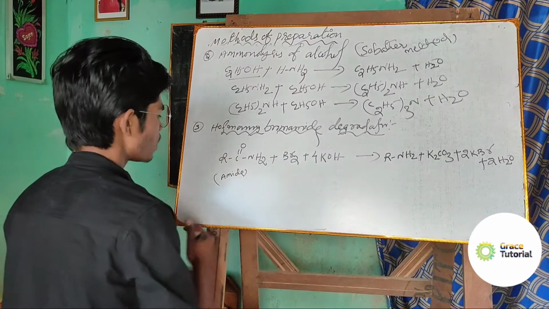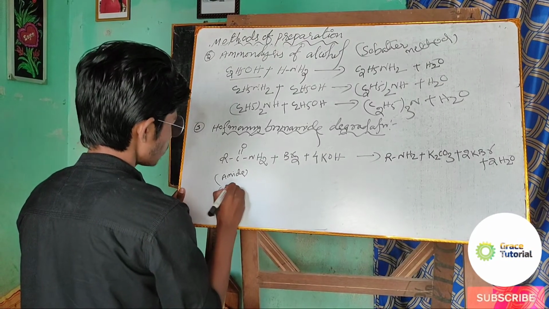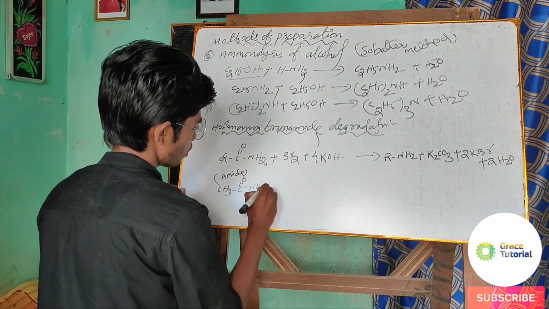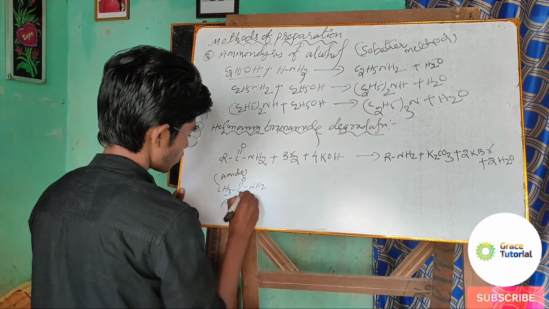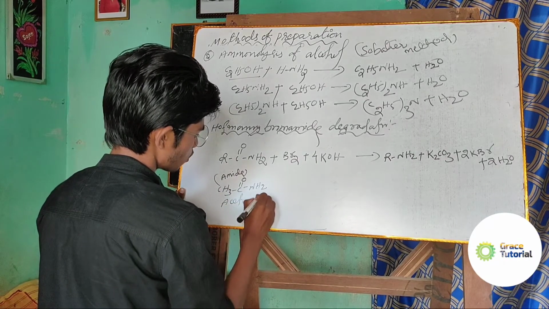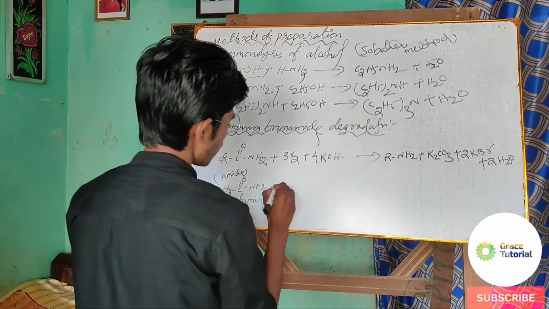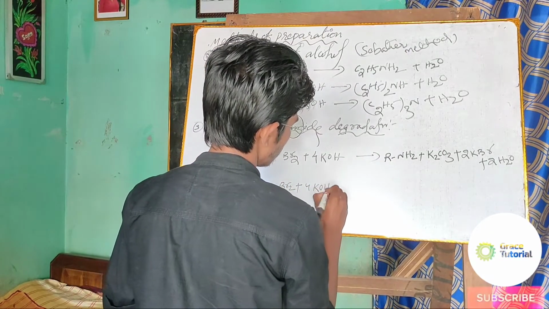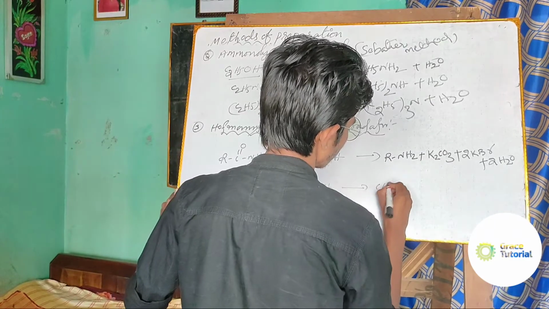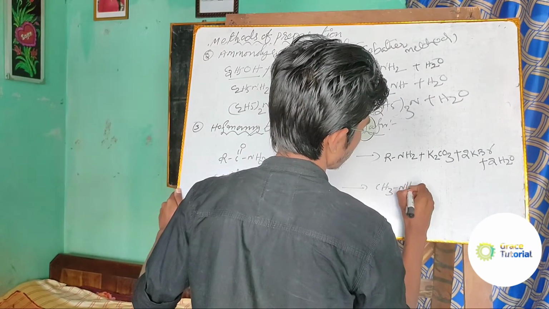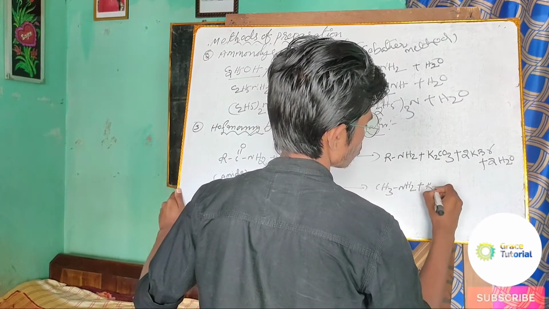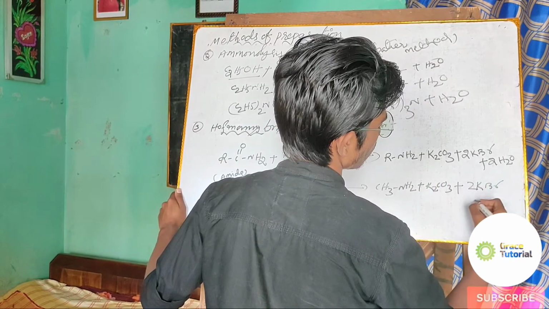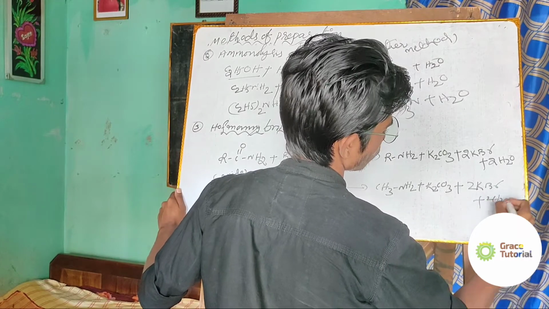So we can give specific examples. Let us write CH3CONH2. This is acetamide. So this acetamide reacts with bromine and 4 KOH to form CH3NH2, K2CO3, 2 KBr plus 2 water.